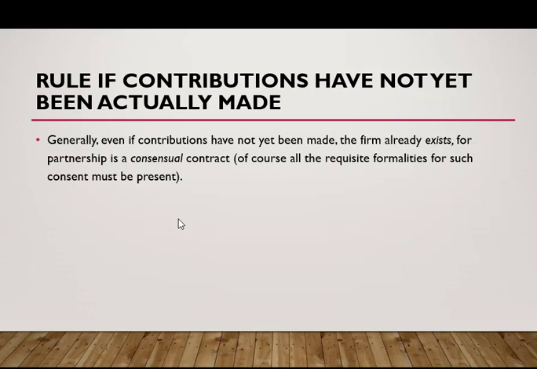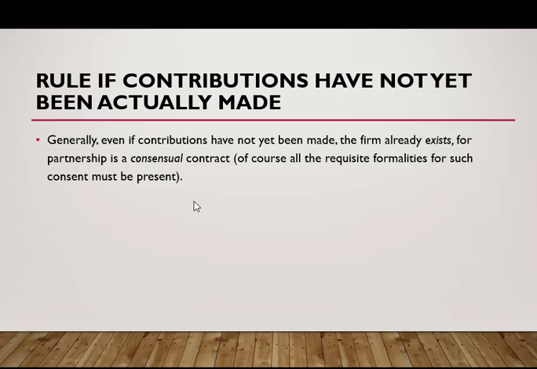So, as a rule under 1784, a partnership begins from the moment of the execution of the contract. Since the contract is consensual, all the valid requisites should be present. The exception is if the partners can agree on some other date for the start or commencement of the partnership.